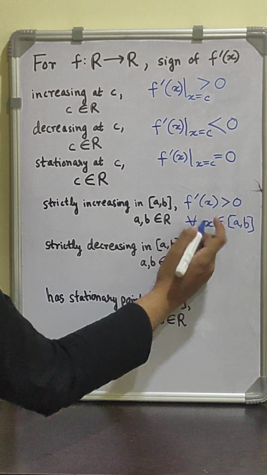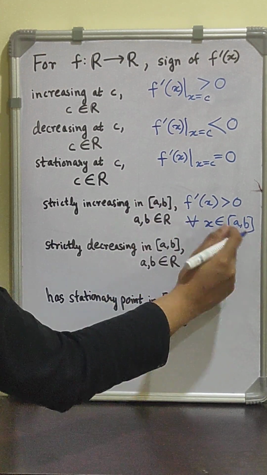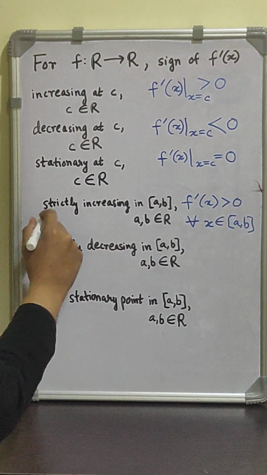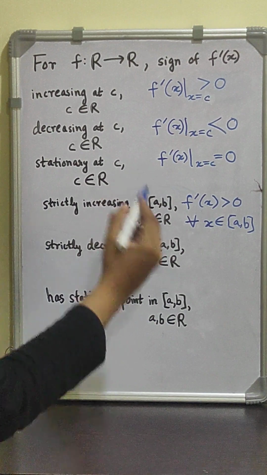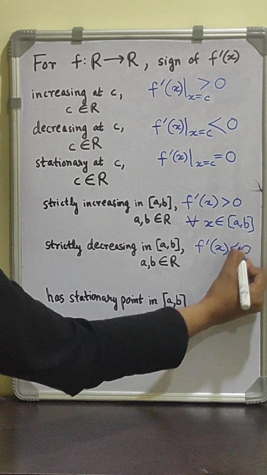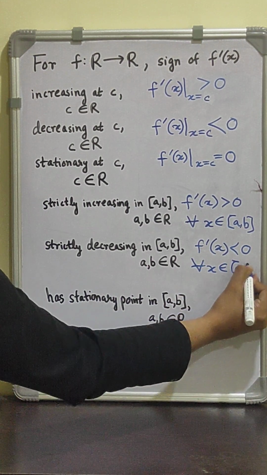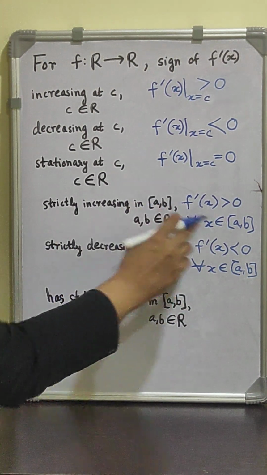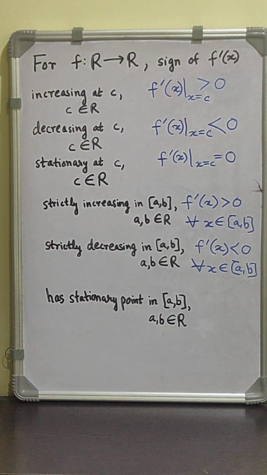for all values of x in this interval a and b, including a and b, if f prime of x is greater than 0, then we say that f of x is strictly increasing in this interval. And if it's the other way around, if f prime of x is less than 0 for all x belonging to a and b again, then we are going to say f(x) is strictly decreasing in this interval ab.